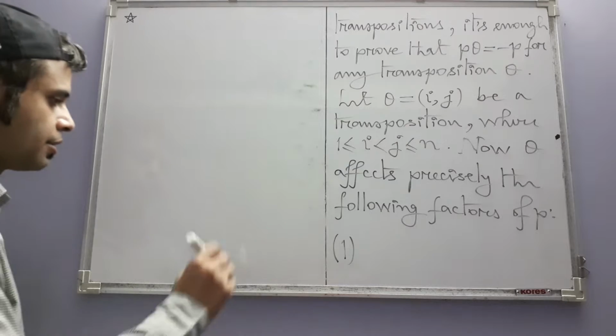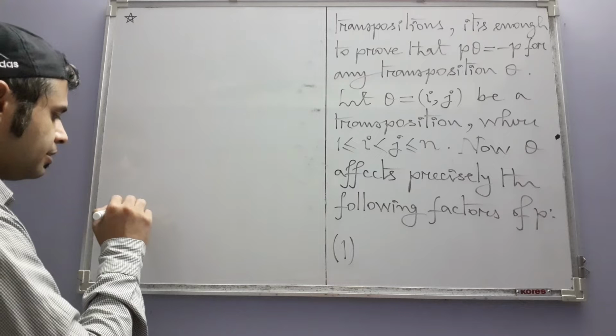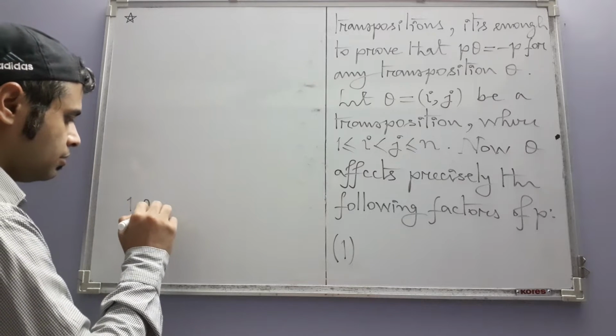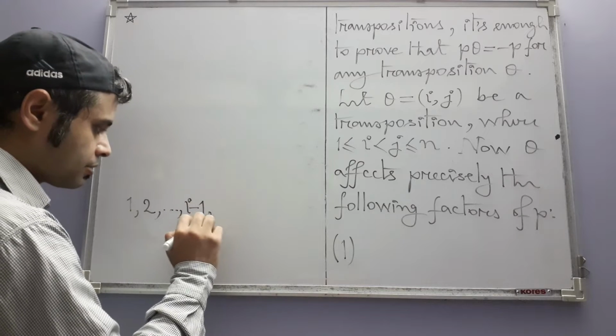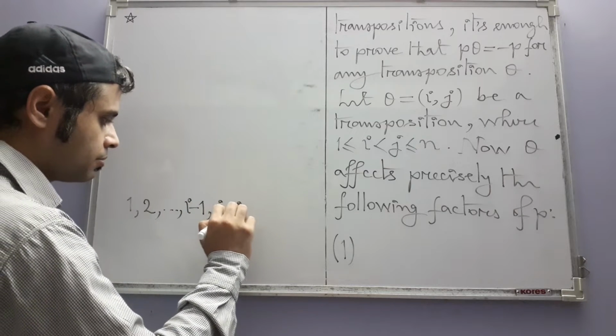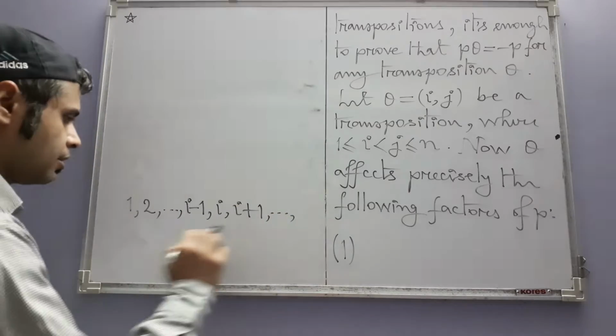You see, the symbols are like this. No? You have 1 here, then 2. At some stage, you have i minus 1, then i plus 1, and then it increases further.